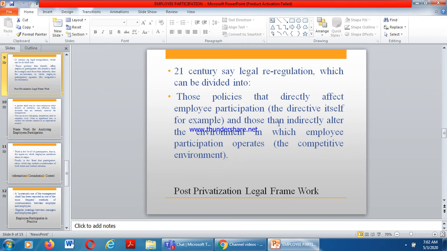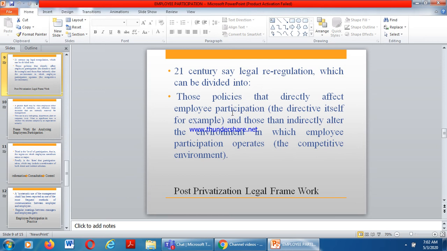The directive itself brought more participation for employees: teams, health, environment and safety committees, quality teams, and other teams, organized to enable managers and employees to sit together and resolve business issues in a more appropriate way.